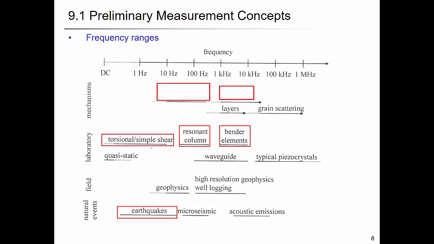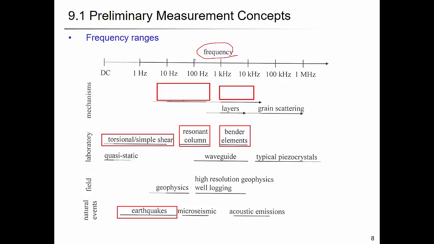When we do the wave measurement using the elastic wave, the frequency is very important because, depending on the frequency range of the wave propagation, it gives you different mechanisms. In the high frequency and in the low frequency, for example, the P wave in saturated rock, when you have a wave coming in, what causes the attenuation?